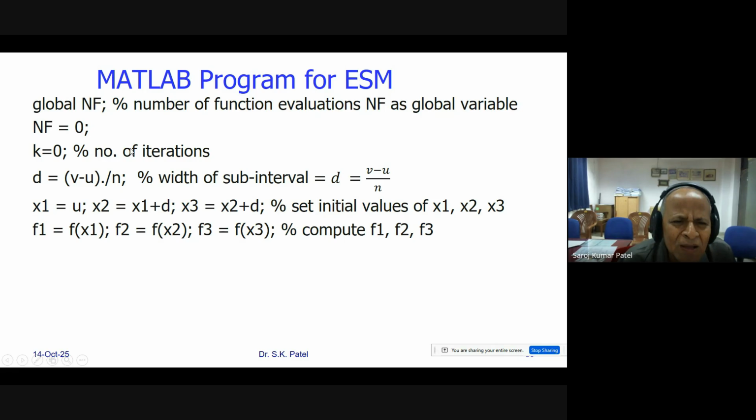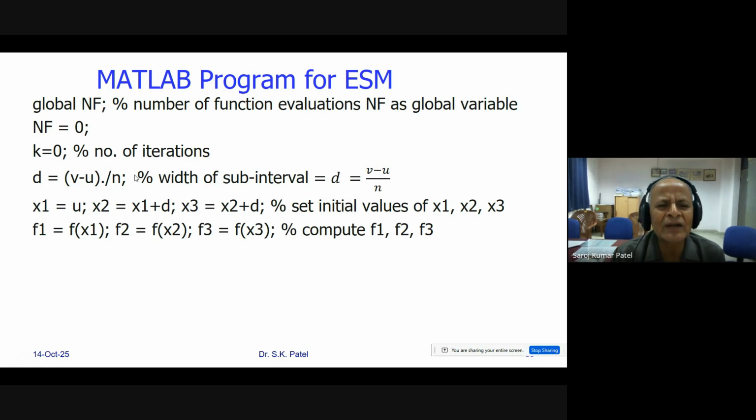If we want to keep track of the number of iterations, we can initialize k equal to 0. So first write the width of the interval d. So d is equal to v minus u divided by n. In MATLAB, every variable is treated as a matrix, so unless we write a dot before a division or a multiplication, it will not treat it as a simple division or multiplication.